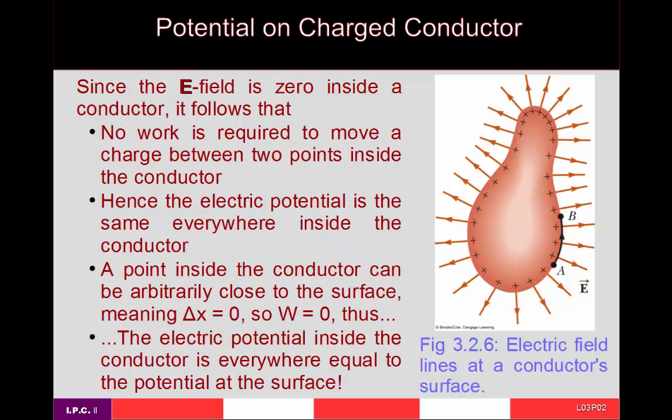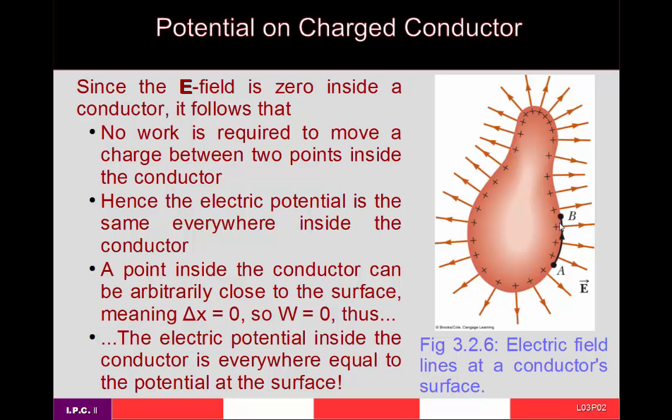As a simple proof that every layer within the conductor is equipotential with every other layer, we already know that there's no work to move from one point to another within the same surface.